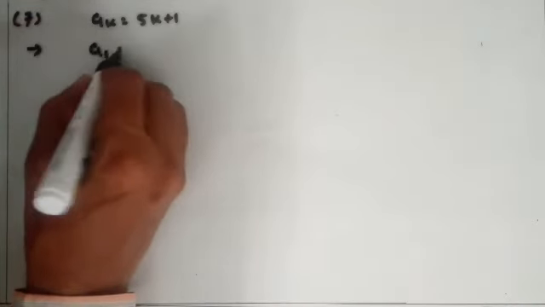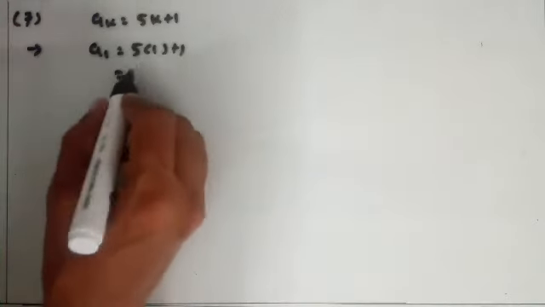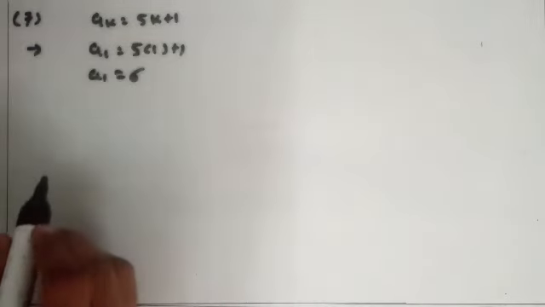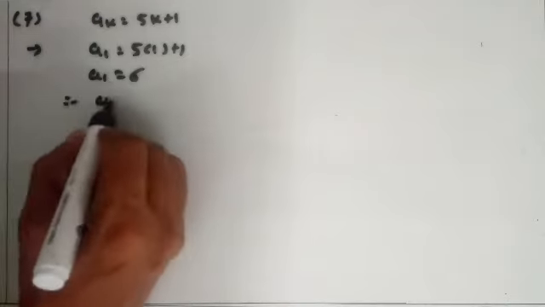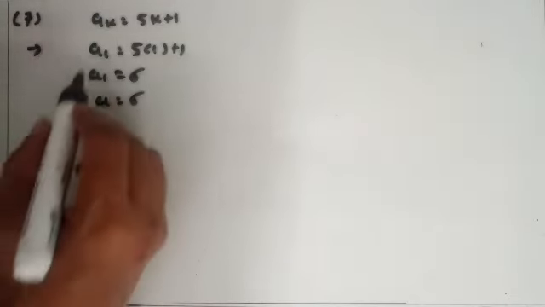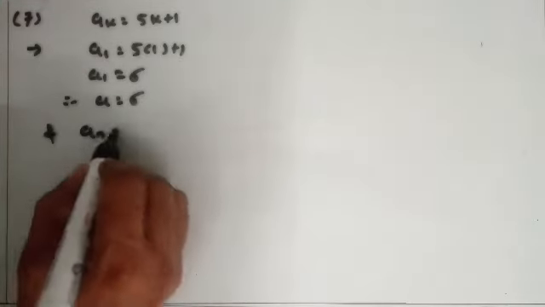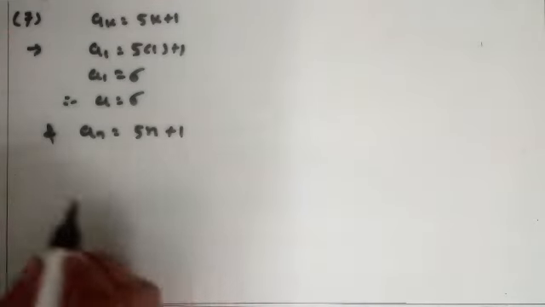So A1 is equal to 5 into 1 plus 1, which is 5 plus 1, that is 6. So A1 is equal to 6. That means A, the first term, is equal to 6. Clear?